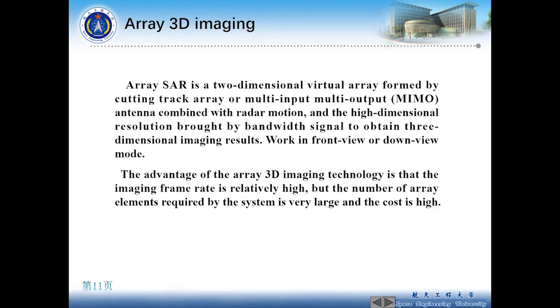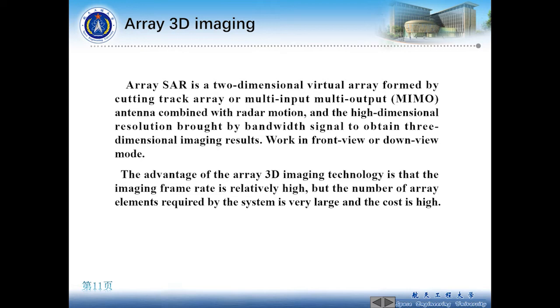Array 3D imaging is a two-dimensional virtual array formed by a cutting-track array or multi-input, multi-output antenna combined with the range resolution brought by the wideband signal to obtain three-dimensional imaging results, working in front view or down view mode.